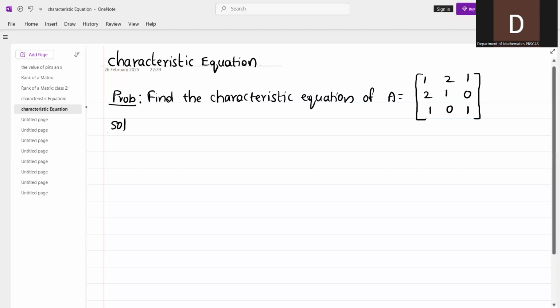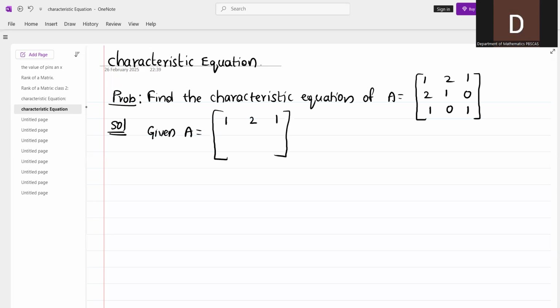Solution. First, we write the characteristic equation, given A equals 1 2 1, 2 1 0, 1 0 1.